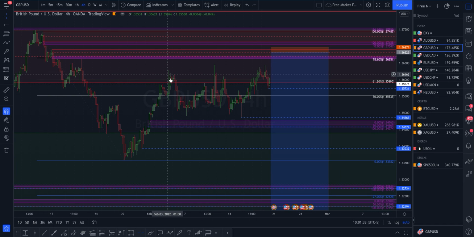Just taking a look at the downside, I'm trying to see if there are any possible demand zones that may cause this market to go up. The ones that I'm looking at have been mitigated. These have all been mitigated.